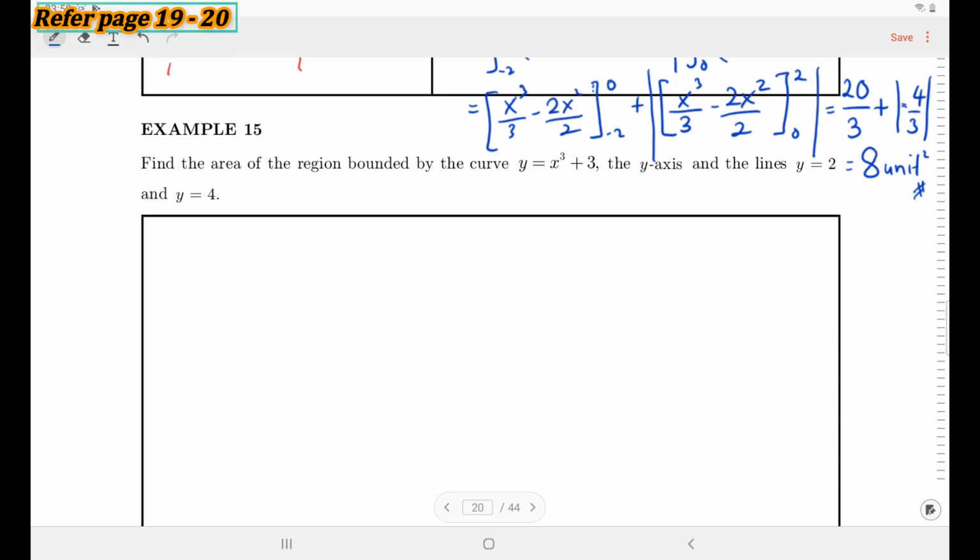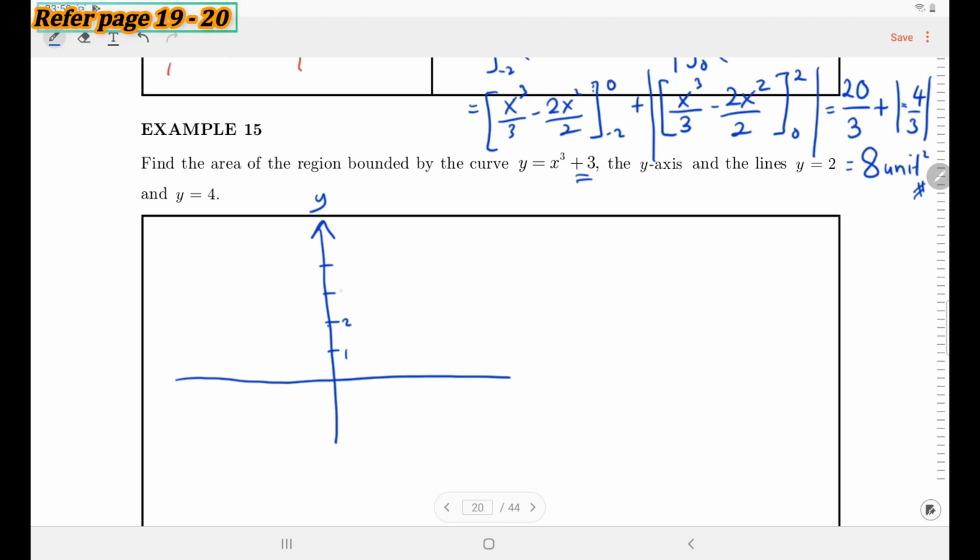Now try to sketch the graph, even though they didn't ask to sketch the graph. So the cubic function, plus 3, so the y-intercept here is 3, when x equals 0, y equals 3. So here is the y-axis, I scale here 1, 2, 3, 4.